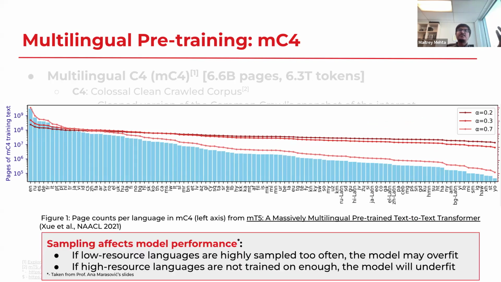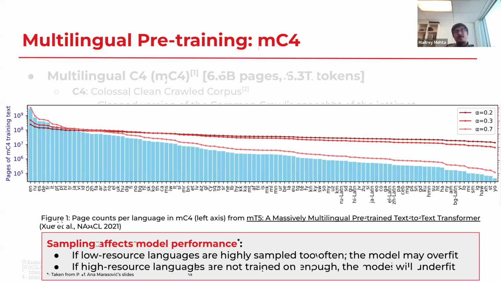And this brings me to the point of sampling. Sampling is extremely important when you are pre-training a large language model for multiple languages. For example, if you have a low resource language and you oversample it a lot, the problem is that the model will overfit on those oversampled examples, and when you run it in the wild, you inevitably see something that is not in the training data, and it will perform really poorly on those instances.